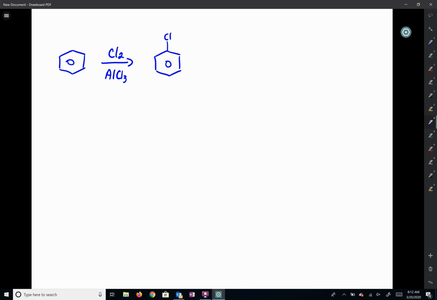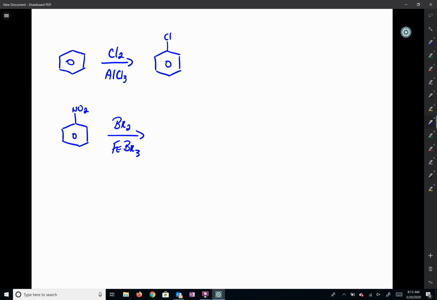So for instance, let's take a look at this. Let's say we started out with our buddy nitrobenzene, and we wanted to do some kind of reaction with this, so let's try and throw a bromine on there.